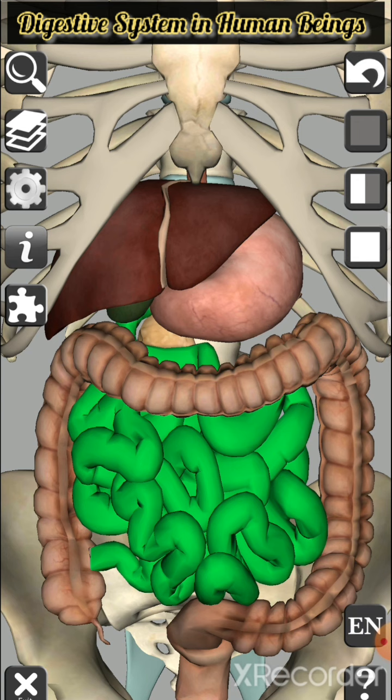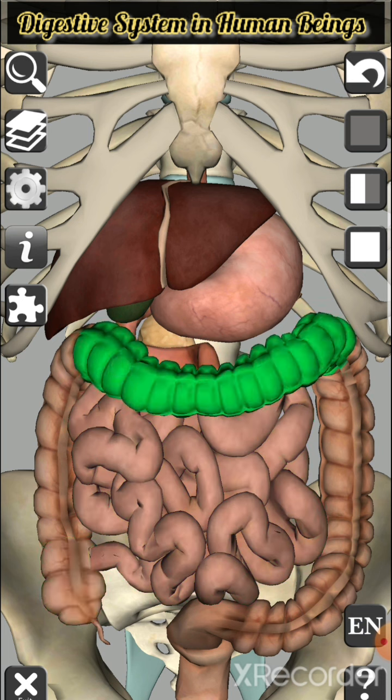Three different types of juices are mixed with the food in the small intestine. Absorption into the blood of nutrients obtained from the digested food is also carried out in the small intestine. So almost the digestion process will be complete over here, and then the undigested food will pass into the large intestine.